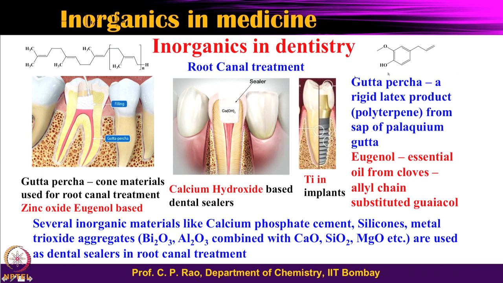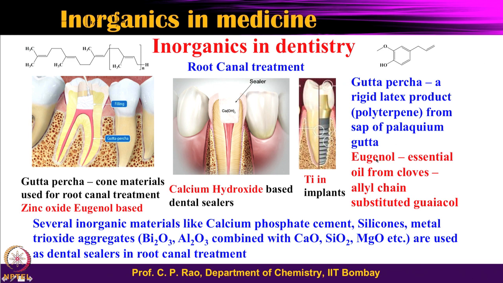What is gutta percha? Gutta percha is a rigid latex product, basically a polyterpene material obtained from the sap of Pelaquium gutta, and the structure can be seen over here on the top in the slide. As you can see, this whole thing is nothing but a terpene material.